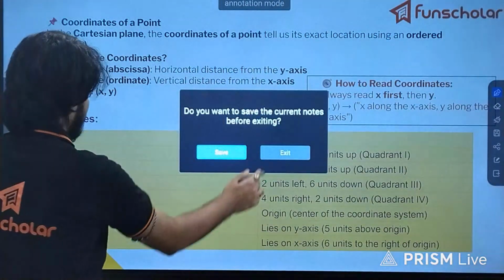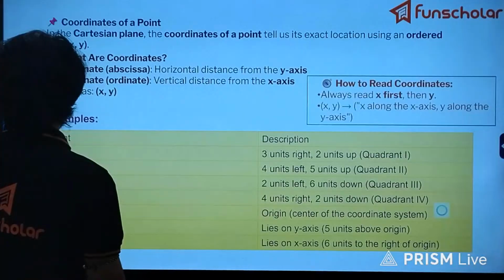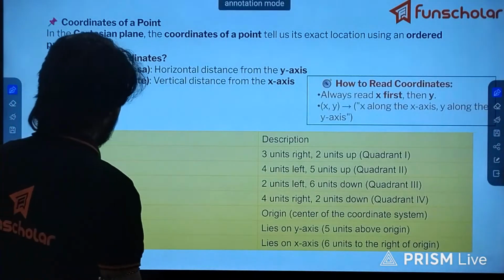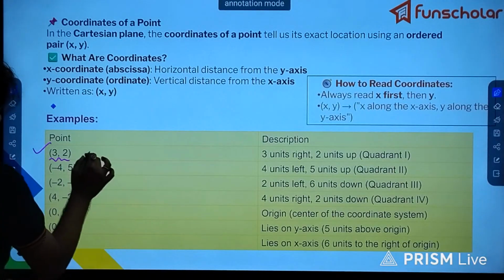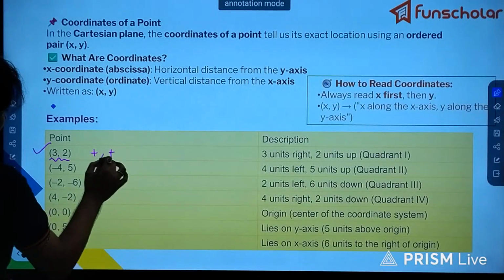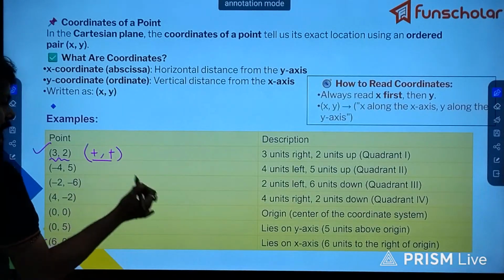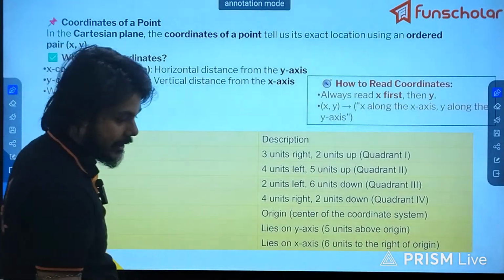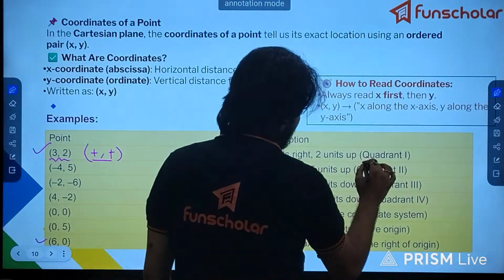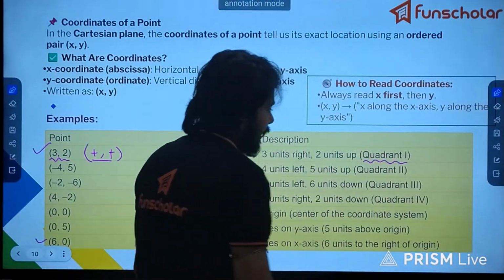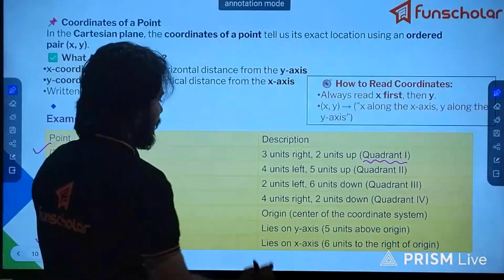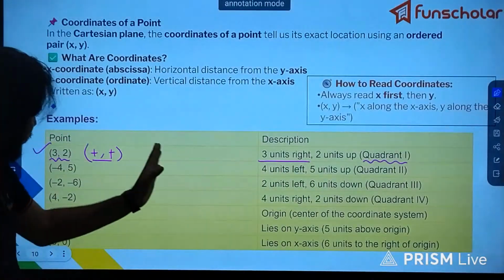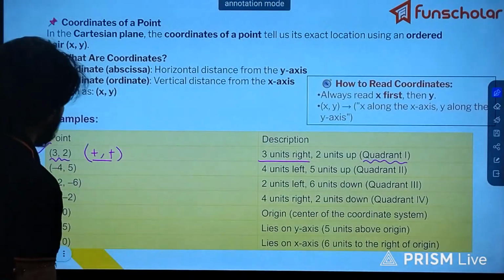Now I want you to just read from here to here. Suppose 3 comma 2. As you can see, both the abscissa and the ordinate are positive, and both being positive means the point will lie in the first quadrant: 3 units right and 2 units up.